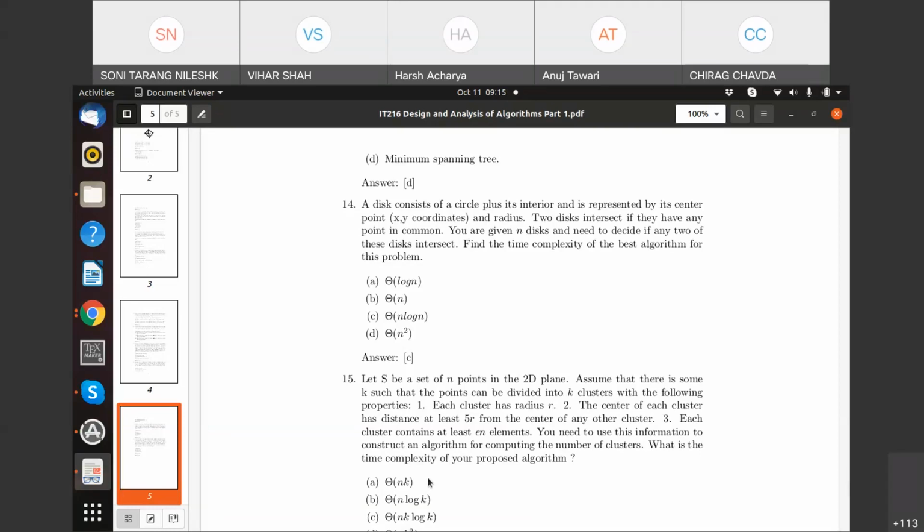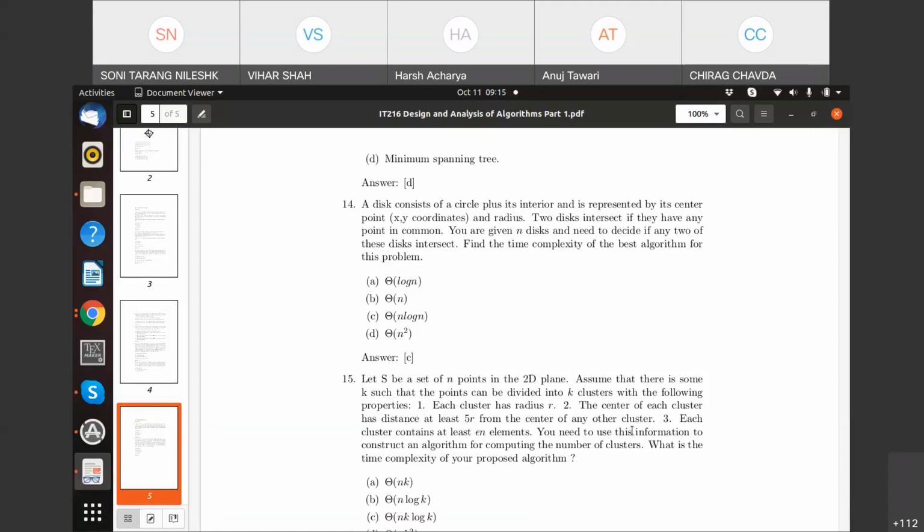Sir, I have a question with regard to the problem. What are the clusters we need to find over here? So a cluster is essentially a circle, right? You are given its radius, and you are given the center, which has distance at least 5r from the center of any other cluster.